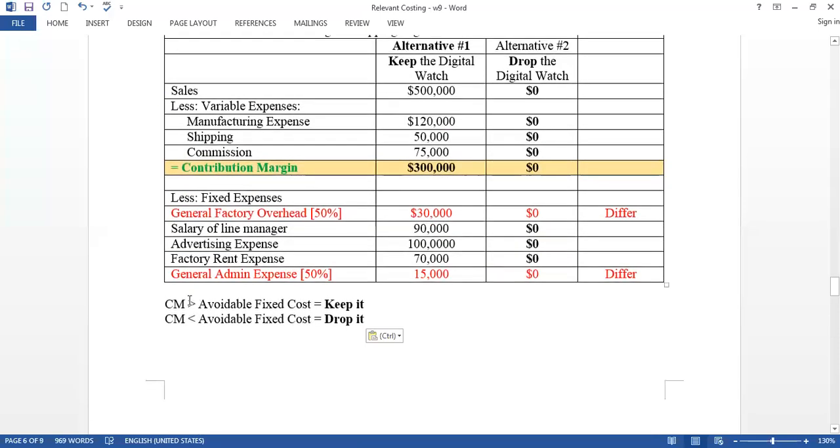So we know that contribution margin is $300,000. Now what is our avoidable fixed cost? We can count it.